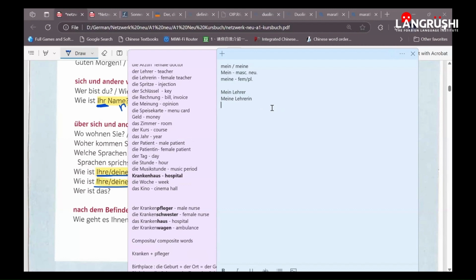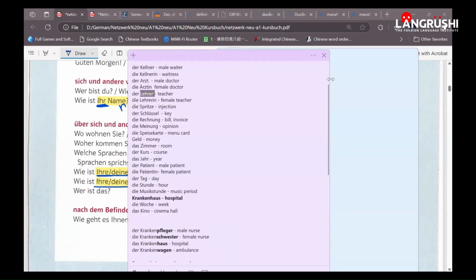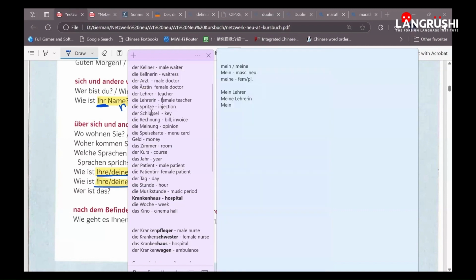Now, Shardul, you want to say my key, a single key. So you'll say, this word is masculine, so you'll say mein Schlüssel. Yeah. Now, Shardul, you want to say my invoice or my bill.